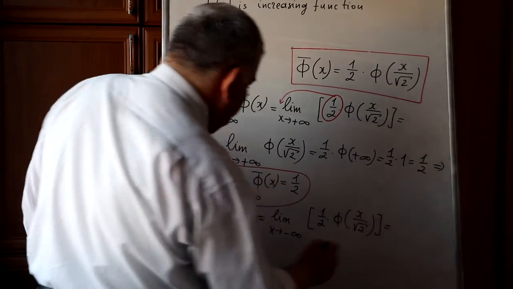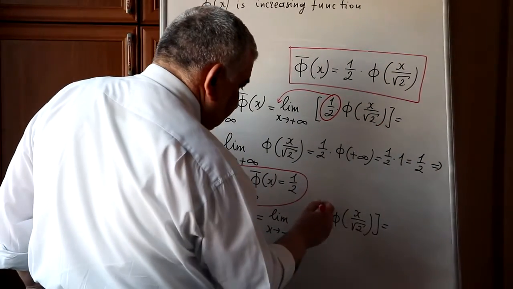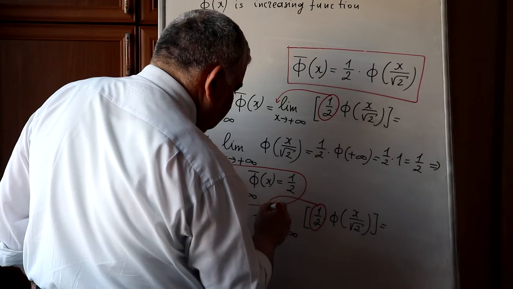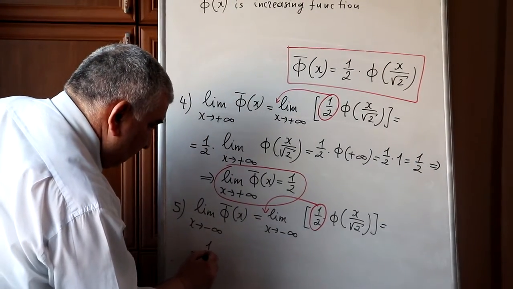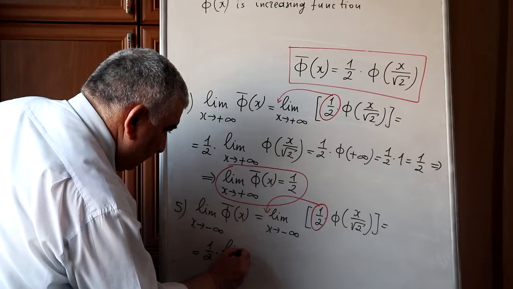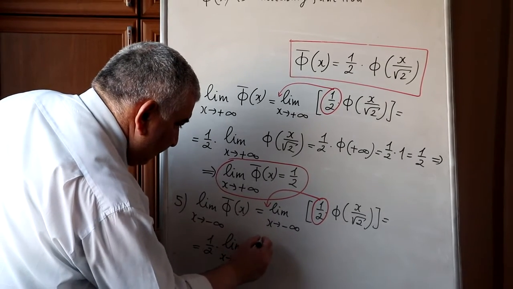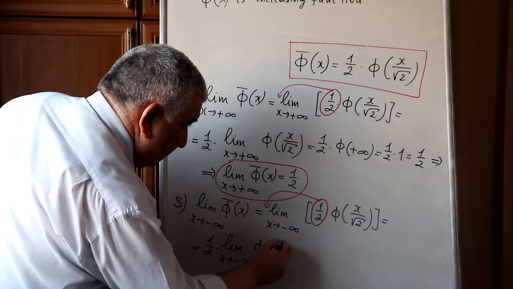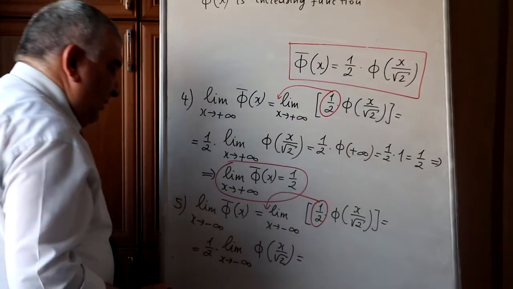Here 1 second is a constant factor which can be taken out of the limit symbol. 1 second multiplied by the limit when x tends to minus infinity of phi of x over square root of 2.